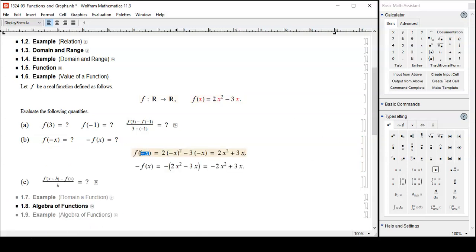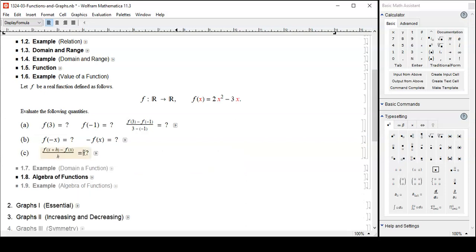See? -x goes in place of x, and then you do your algebraic computation. Negative squared becomes positive. Now here, negative, negative, so it's positive. What about negative of f of x? That's different. f of x is this entire thing, and then putting a negative, we get a different quantity. f of negative x and negative of f of x are not always the same.